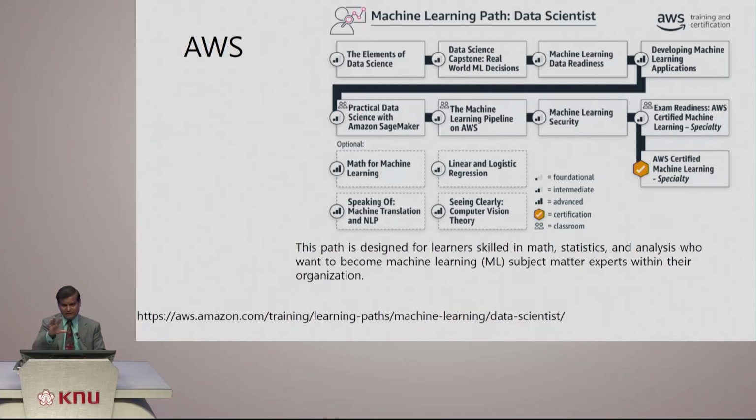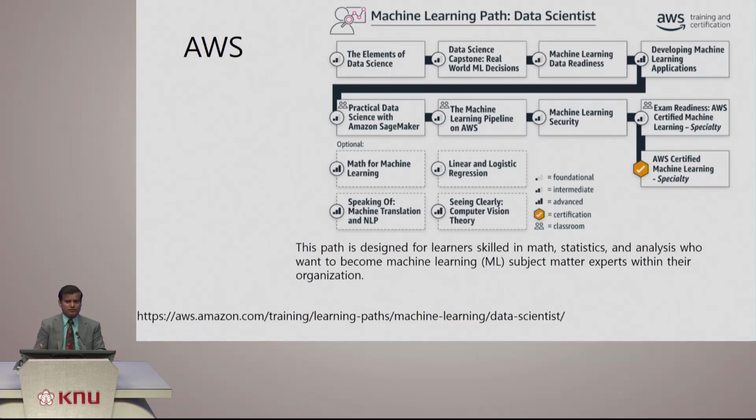For example, they have a path for data scientists. Like you can see, you can have simple elements of data science, or you can go for the machine learning track, in which you can learn about various data science methods like pipelines for AWS, security for machine learning, and how you can perform various tasks including linear regression or logistic regression, and other machine learning tasks like NLP, natural language processing.